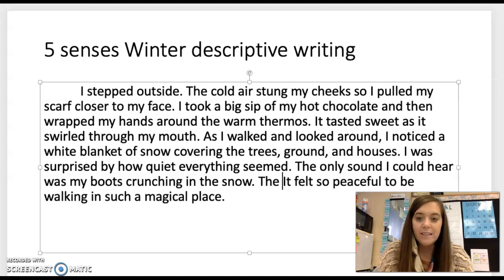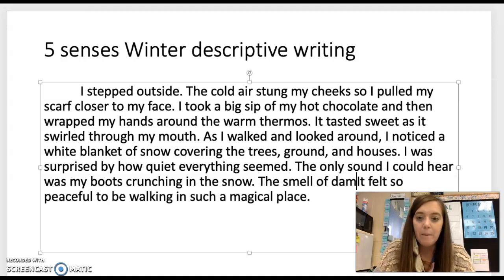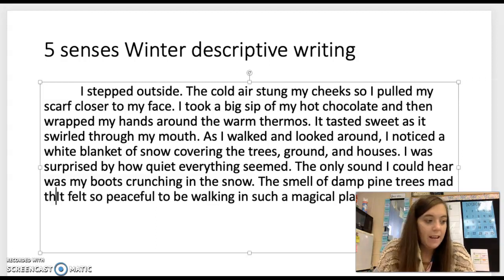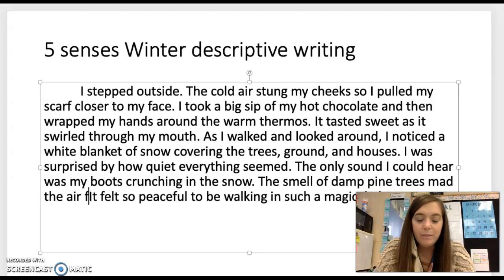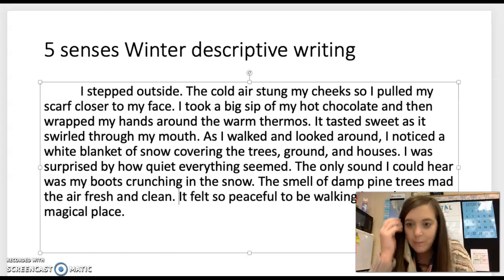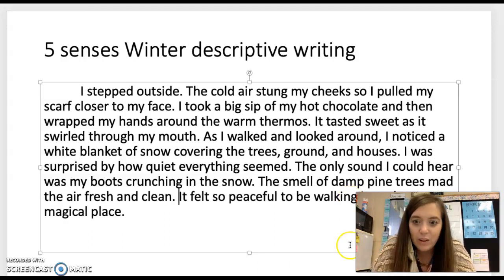And I'm going to write, the smell of damp pine trees made the air fresh and clean. All right, so I'm going to include that now.